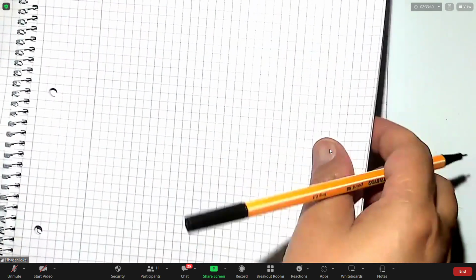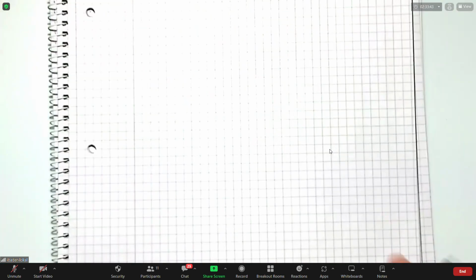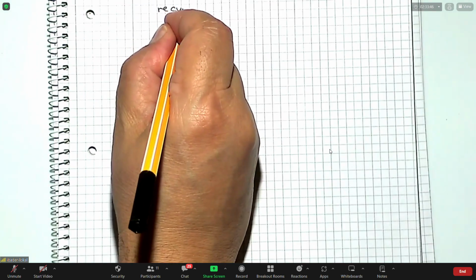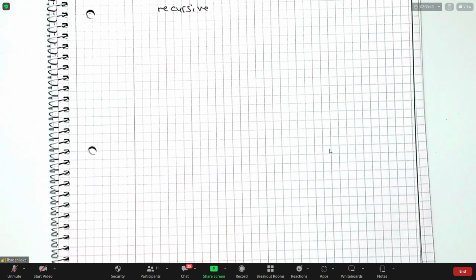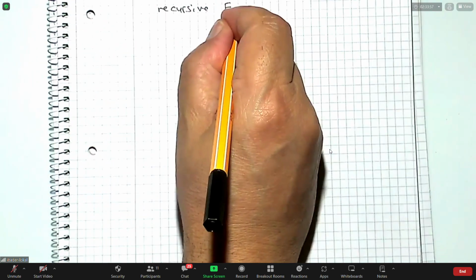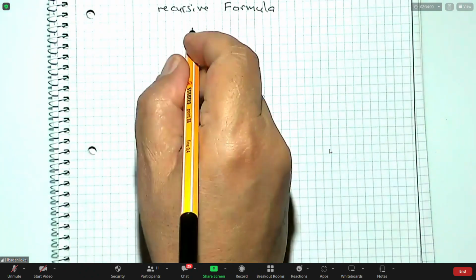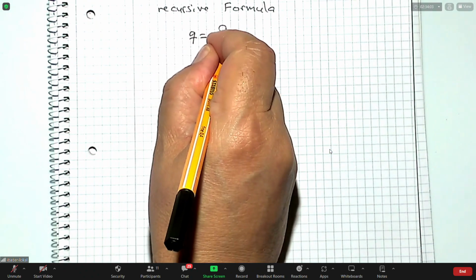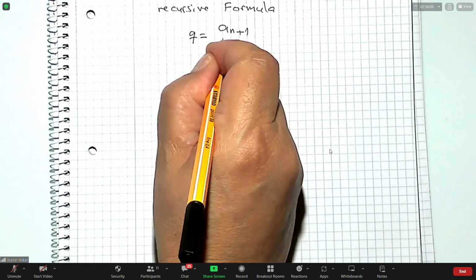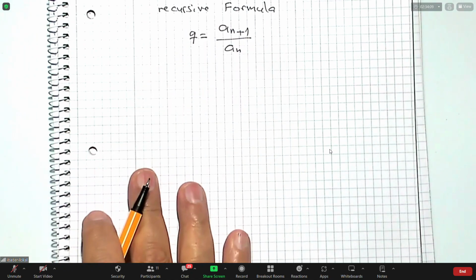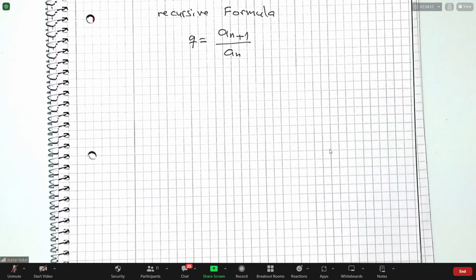So for the recursive formula, Q is equal to an plus 1 over an. That means Q is the constant such that for each two successive elements, if you divide the next by the previous, you get the same value.